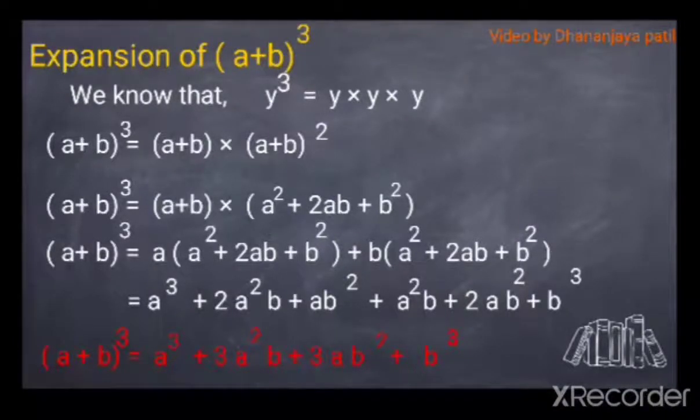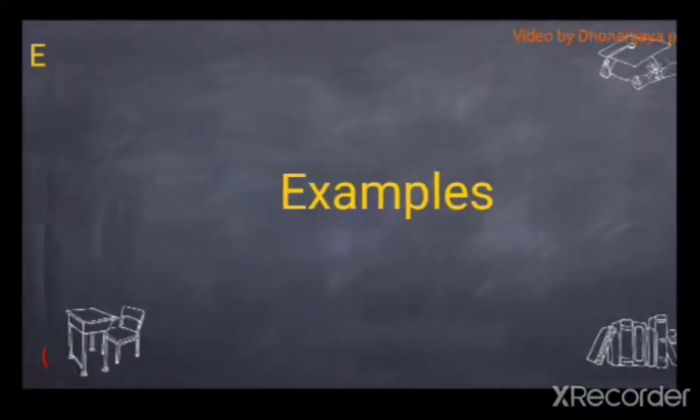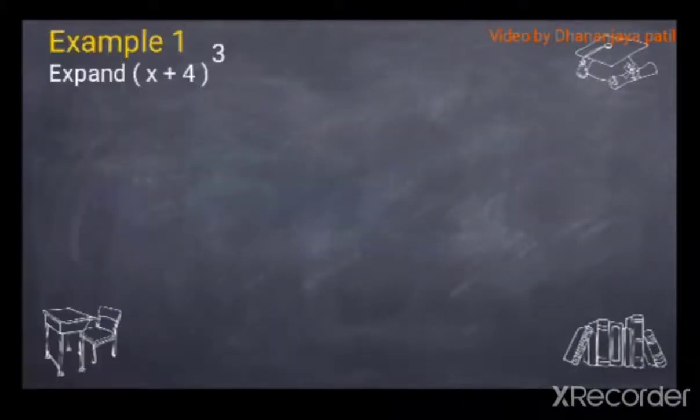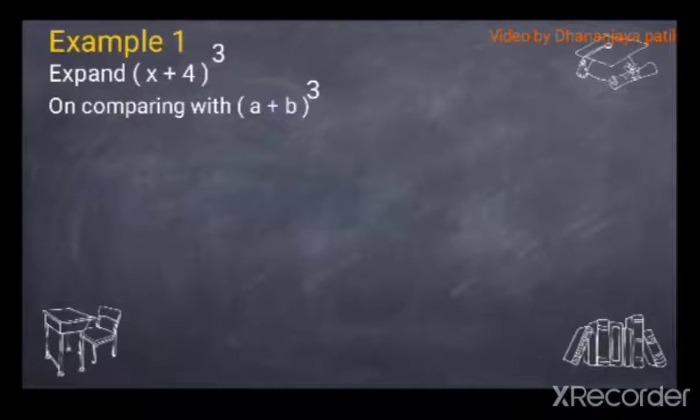Let's solve some numericals dependent on this expansion. Suppose (x plus 4) raised to cube. This is our first example. If we compare it with (a plus b) cube, we get the values of a and b.